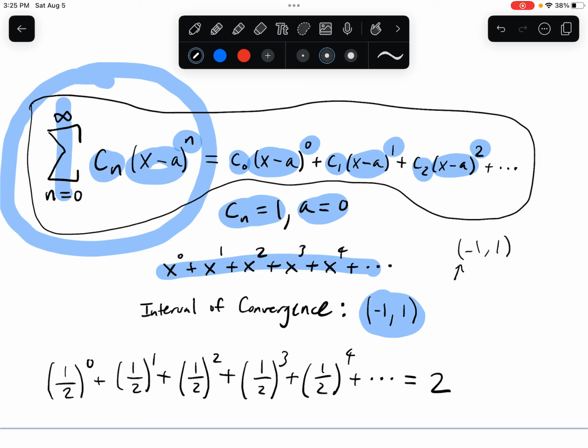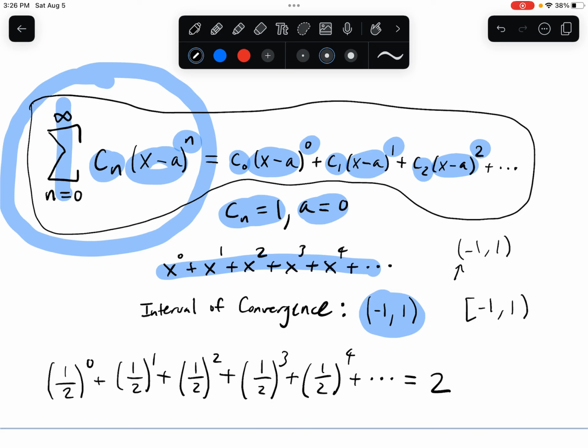If you have a bracket, however, now the bracket means that it's including the -1 in the set. So our interval of convergence is -1 to 1, but not including -1 and 1. So what does this mean?